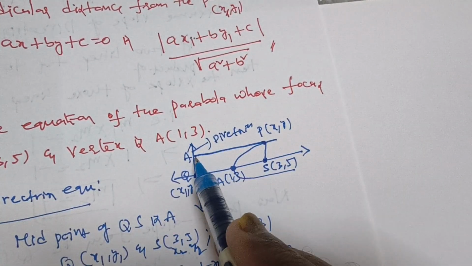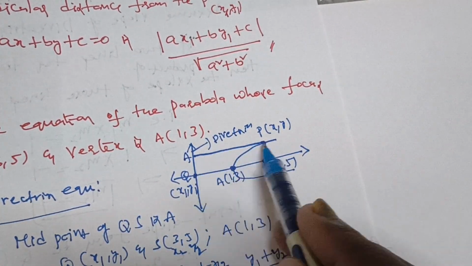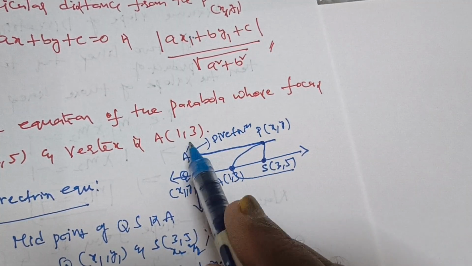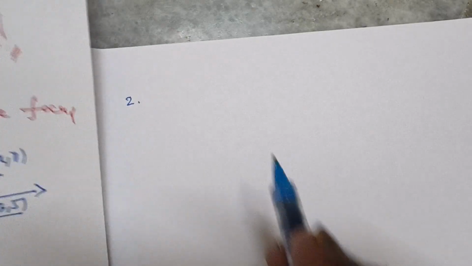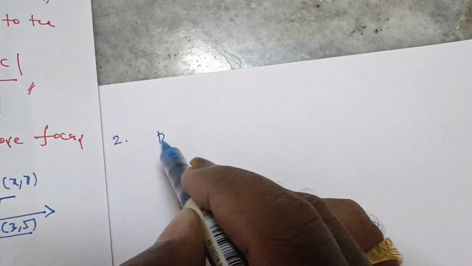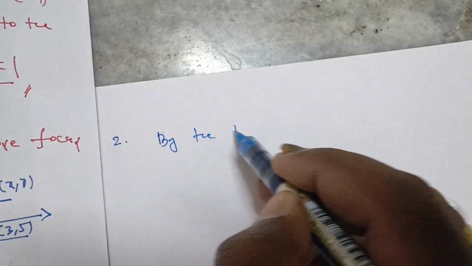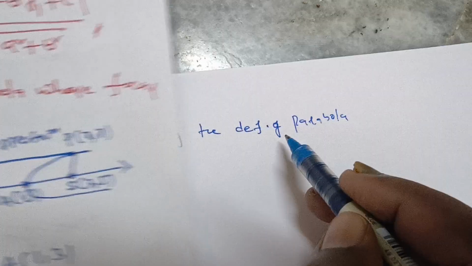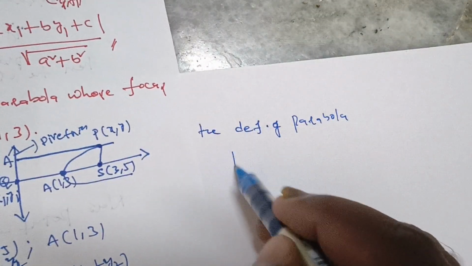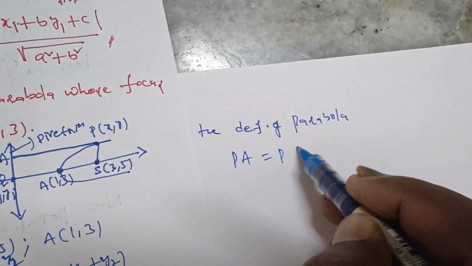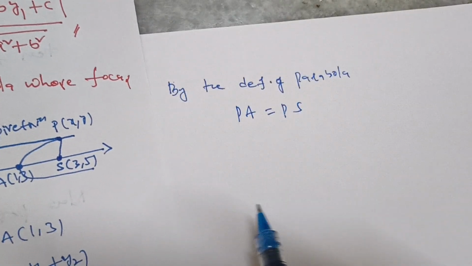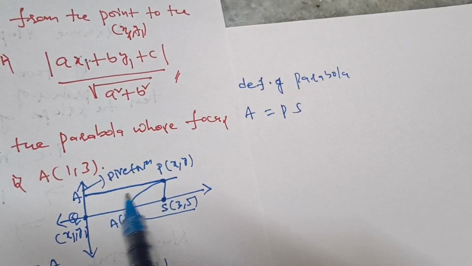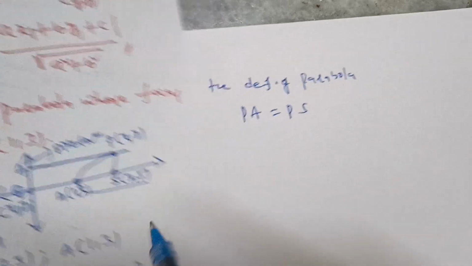So observe, distance from P to A is the perpendicular distance from the point P to this directrix. Now, by the definition of parabola, PA equals PS. Here PA is the perpendicular distance from P to the directrix.